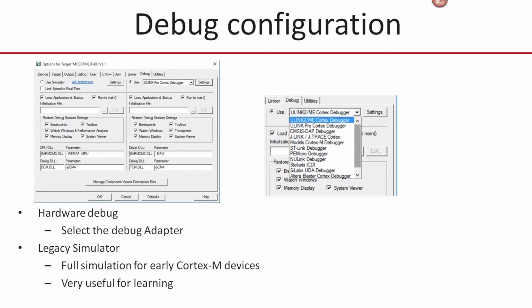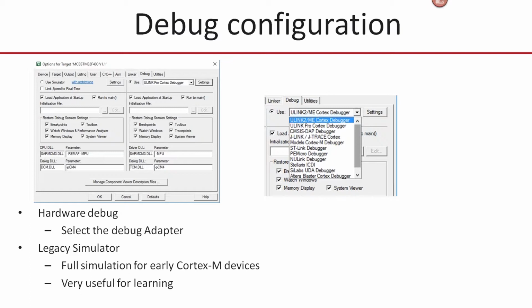So this is some of the early STM32 devices and some of the early NXP LPC devices. So this is a very good learning tool, a way to experiment with a Cortex processor without any hardware. If you're interested in seeing how to use this, just raise a question and I can reply back via email. But it's very good for education and just generally mucking around with a Cortex processor.